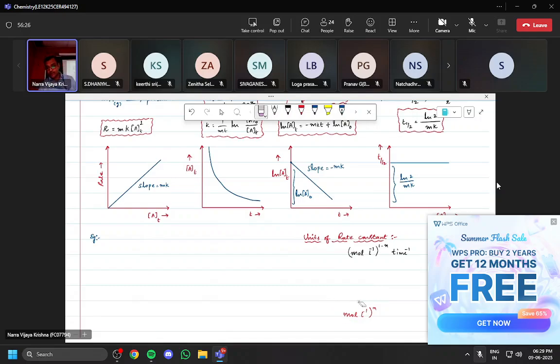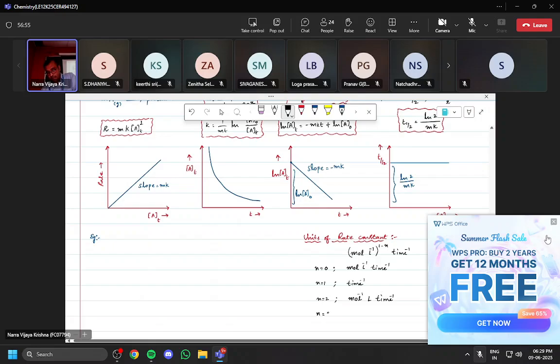If it is zeroth order, what are the units? Mole per liter per time. If it is first order, time inverse. Second order, mole inverse, liter, time inverse.